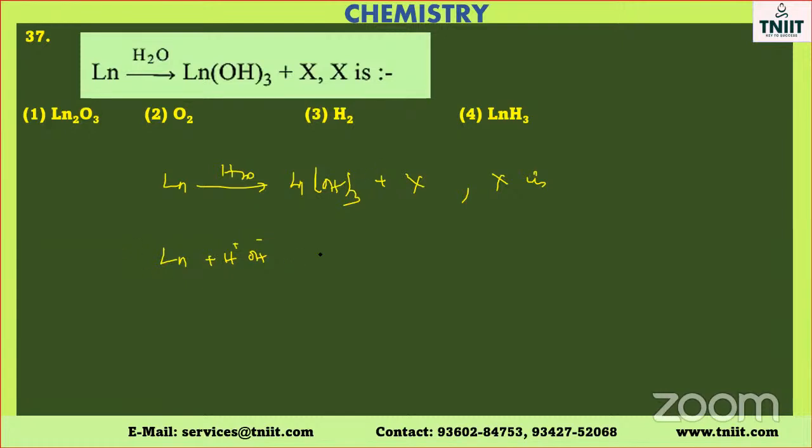Now, if we balance the equation, we get lanthanum hydroxide. If we take 2 moles of lanthanum, 6 moles of water, you get 2 moles of lanthanum hydroxide plus 3 moles of hydrogen. The gas liberated is hydrogen gas. X is hydrogen. Therefore, the answer for this question is option 3.